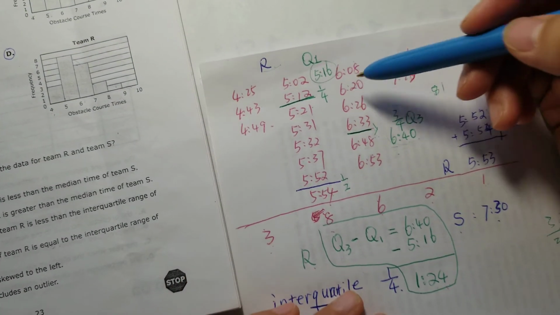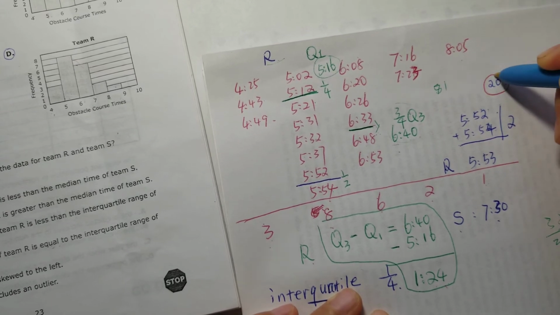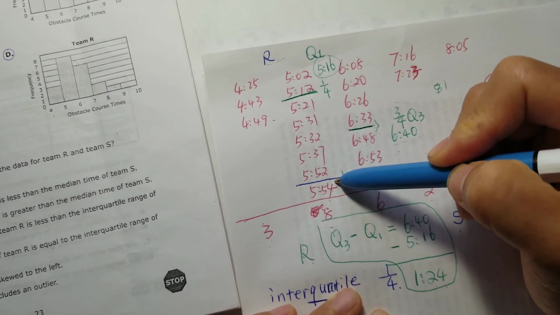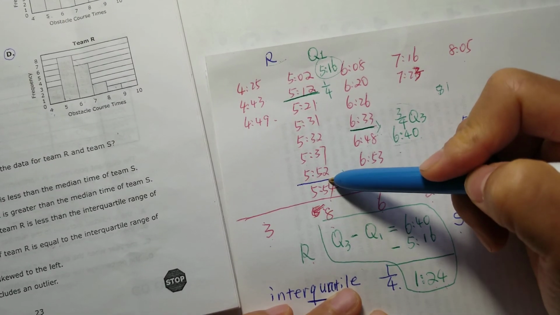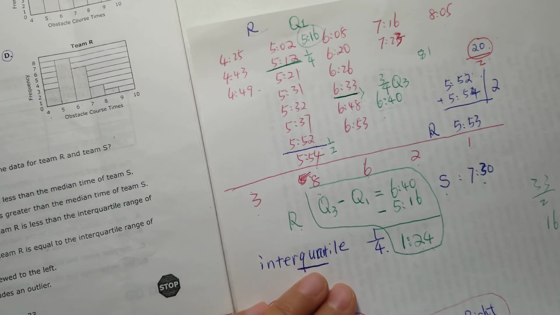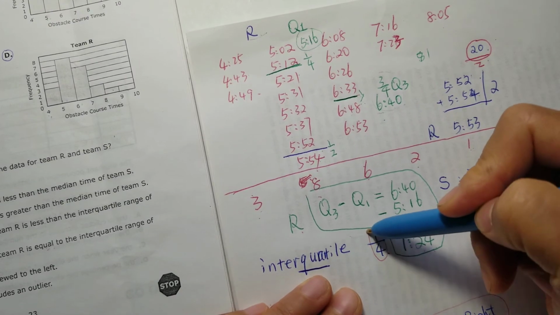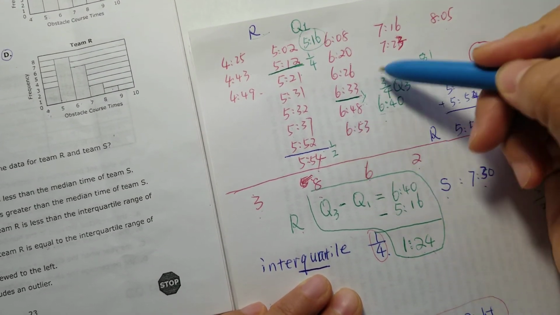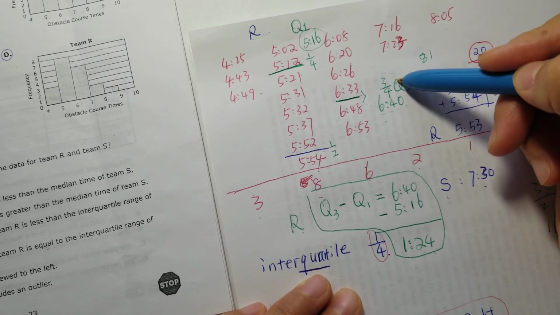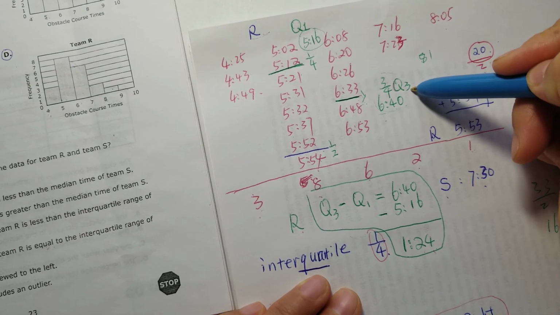Or if you know the total number, you just count to the middle: 20 divided by 2 is 10, count to 10. And the interquartile is just 1/4. Your first 1/4, this is 1/2, and your third 1/4, we're going to write as Q3.